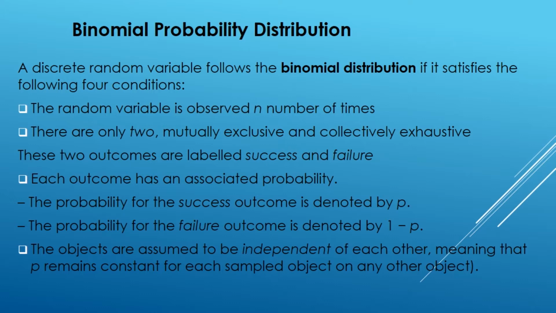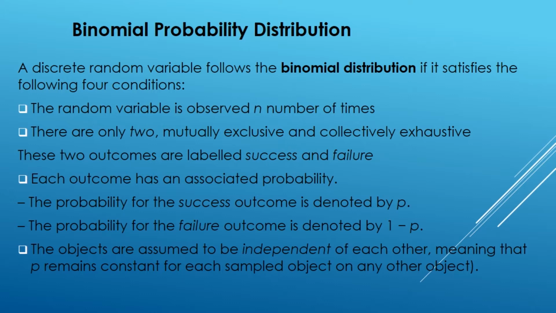There are only two mutually exclusive and collectively exhaustive events, meaning we'll always have either success or failure. Success is what you'll be required to test, and failure is the other side of the coin. For example, if I say I want a head, the head is the success, and the failure becomes the tail.